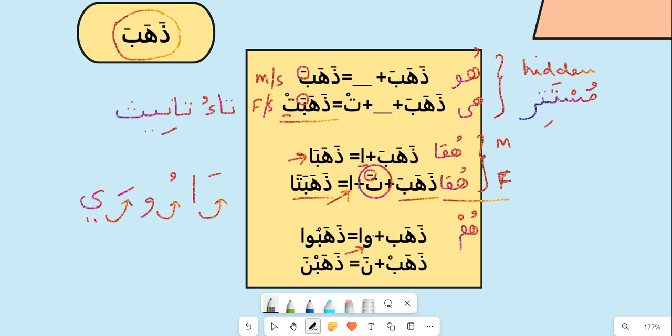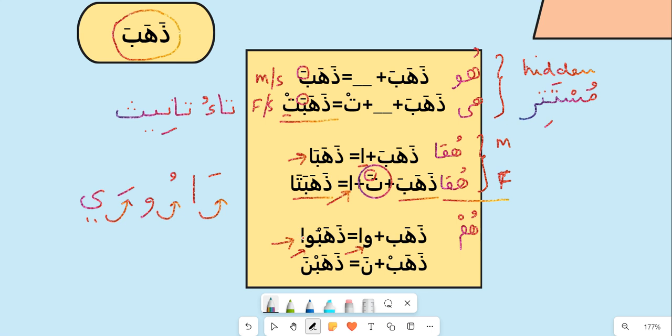We have waw al jama. So this also has a name and it is called waw al jama. And what is this alif doing? This is just a letter that comes after waw al jama to tell that this waw is not the letter of the verb spelling, but it is the damir waw al jama. So it is called alif of protection.